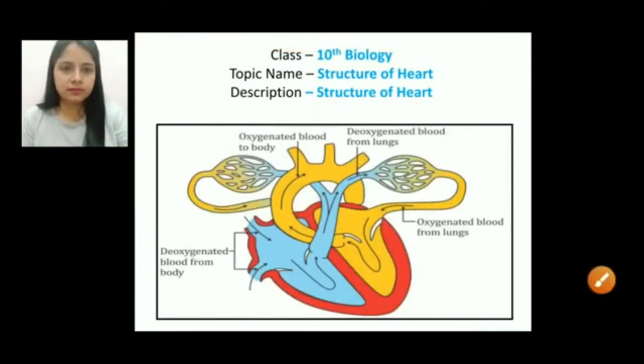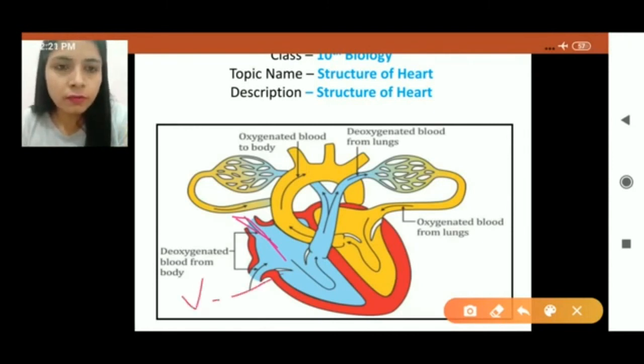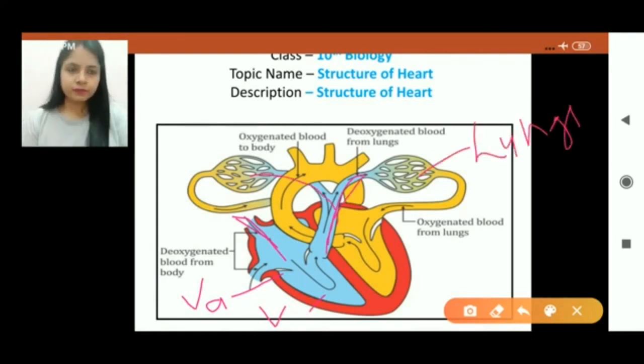And here's a very good example. See, this is the atria, then this is the wall, the left ventricle, this is the pulmonary arteries, and this is the lungs. Here gases exchange, and this is the oxygenated blood. This is the pulmonary veins.